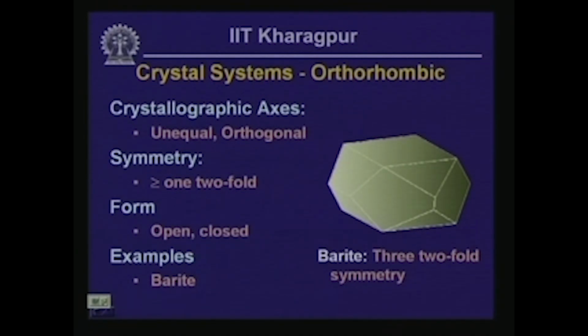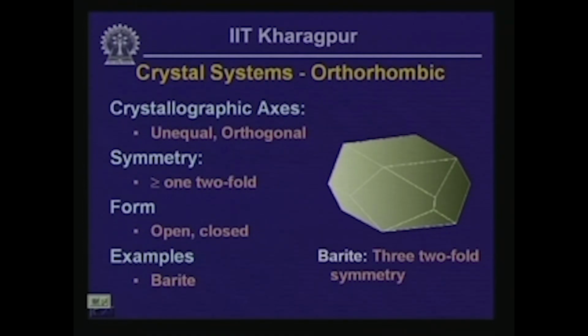Then we considered the tetragonal family, where we had an orthogonal set of crystallographic axes, with the angles between them also 90 degrees, but one of the axes was longer than the other axes. In the case of orthorhombic, all the axes are unequal, although all of them are orthogonal to each other. That means again all the axes are at 90 degrees to each other, but all the axes are unequal.